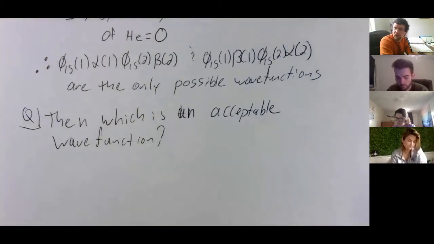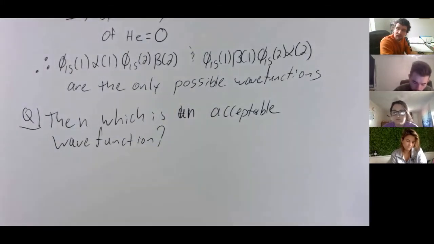Now these particles are meant to be indistinguishable. We do give them labels like electron number 1 and electron number 2, but we can't ever really know which one's electron number 1 and which one's electron number 2. So we can't actually only have one of these.